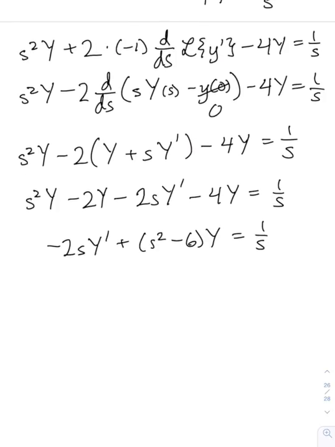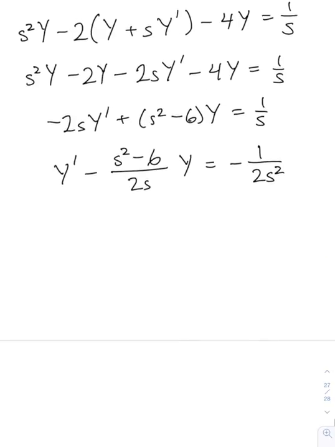Divide by negative 2s. So I have Y prime minus (s squared minus 6) over 2s times Y equals negative 1 over 2s squared. All right, I have to figure out what my mu is.